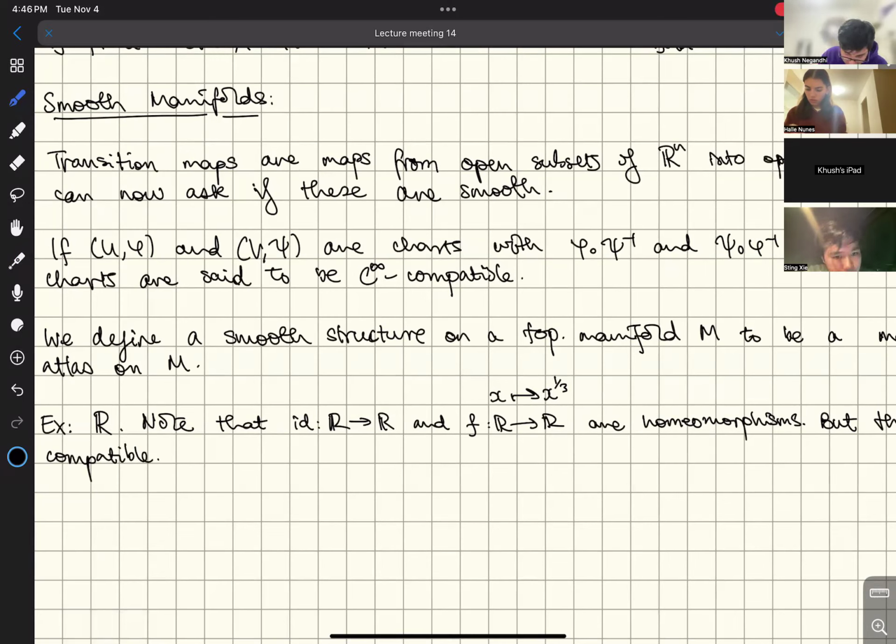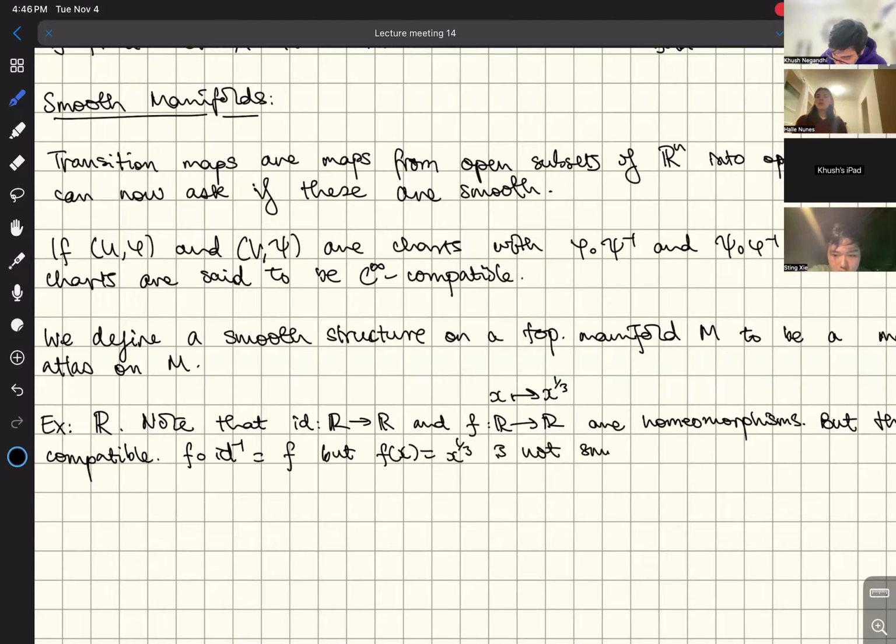Why is this? Because if you take f composed with identity inverse, this is just f of x. But f of x is not smooth at zero.